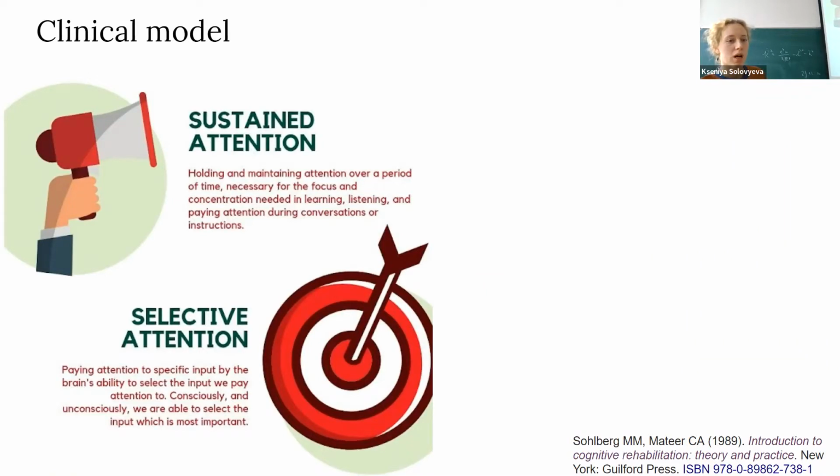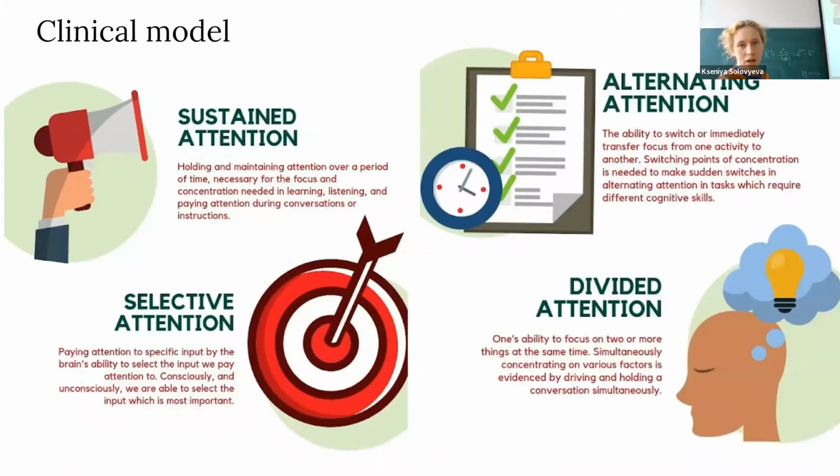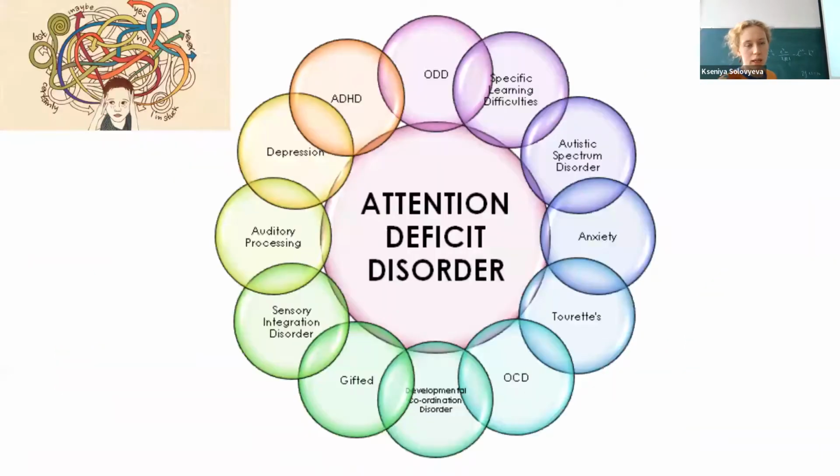So if we want to find out if a person is healthy or has some mental disorder in terms of attention, we should find out if he has sustained attention, selective attention, alternating attention, and divided attention. And the most common deficit and the most common disorder connected with attention is, of course, attention deficit disorder.